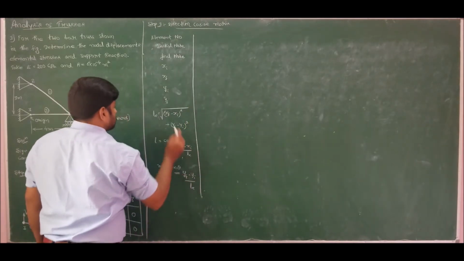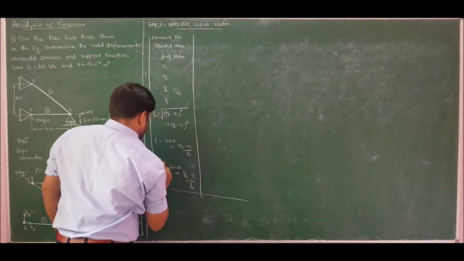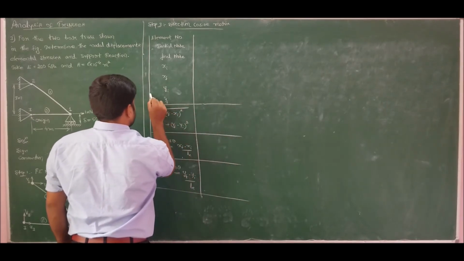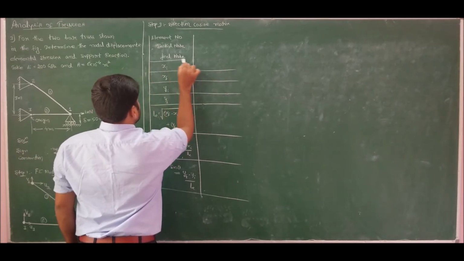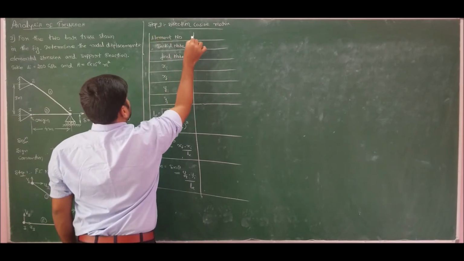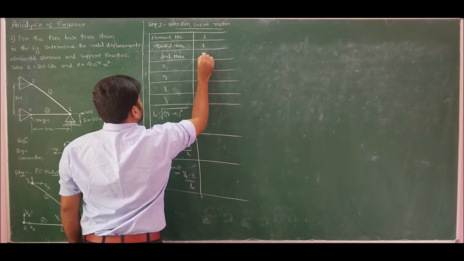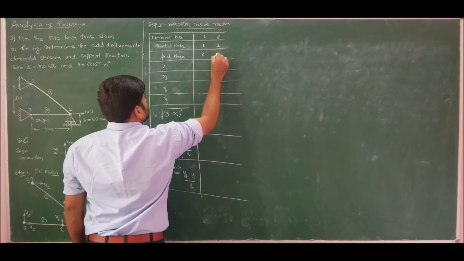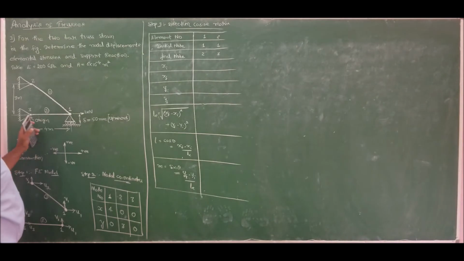Now, if I calculate the values of direction cosines l and m, for element 1, the initial node is 1, final node is 2. For element 2, the initial node is 1, final node is 3, because globally least is 1, next highest is 3.